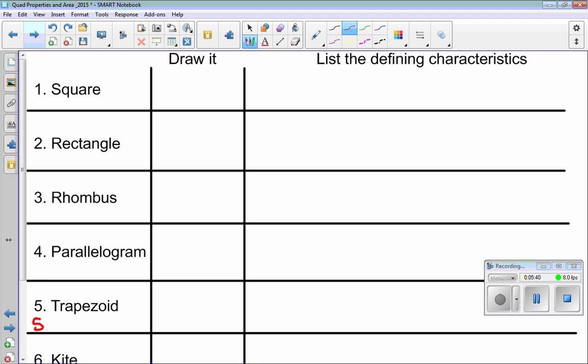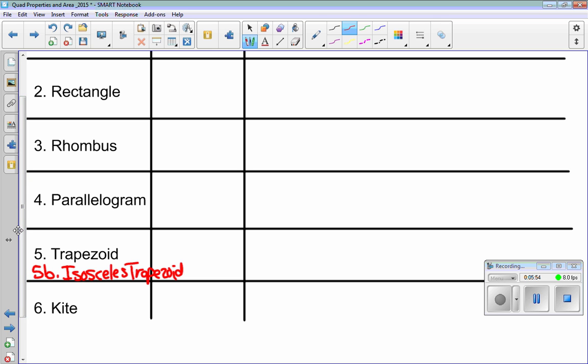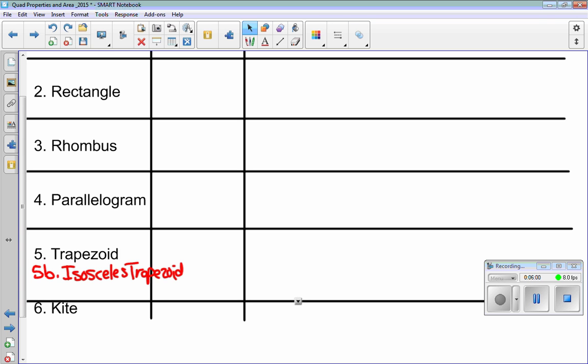And we're going to add isosceles trapezoid, because that's a specific kind of trapezoid. So we have a regular trapezoid, and then we're going to have an isosceles trapezoid. So if you could add that one as an extra, maybe I'll try to give myself some room here and add it.